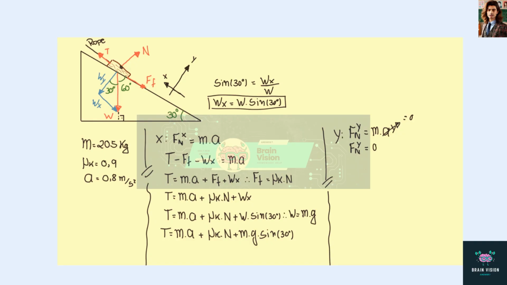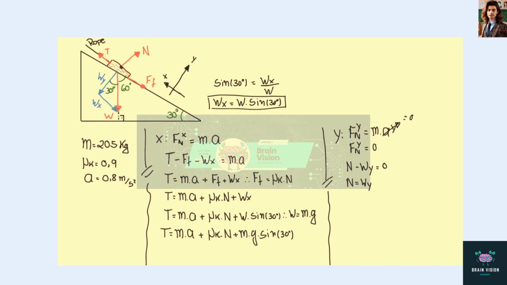But the net force in that direction has two components, the normal force and the weight force component y. It's written as the normal force, which points to the positive y direction, minus the weight force component y, which points to the negative y direction, and this is equal to 0.